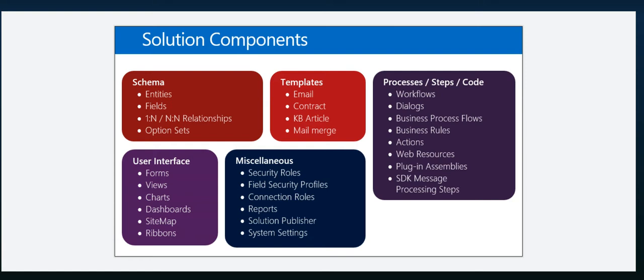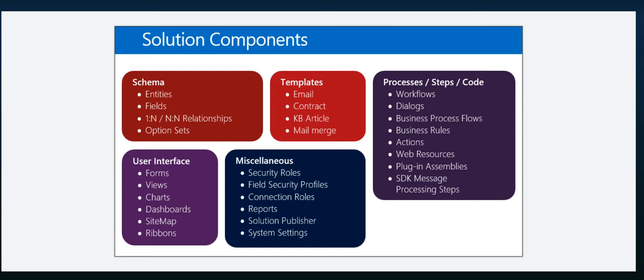And then we have the relationships to other entities as well as the option sets in the schema that we can work with. For the user interface, you can have forms, views, charts, dashboards, sitemap, and ribbons all managed individually.